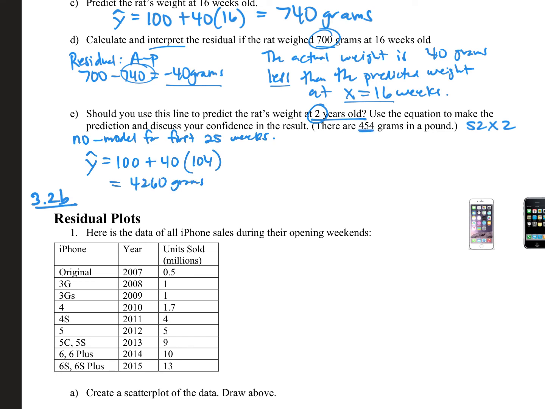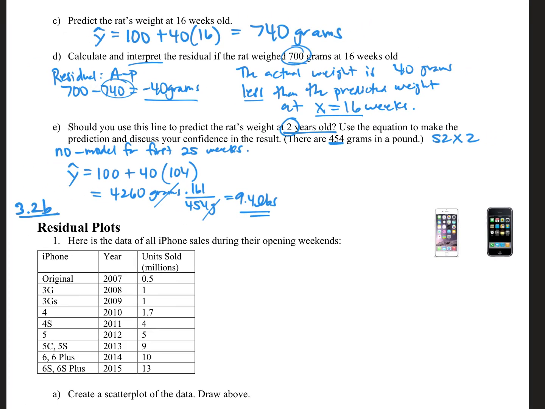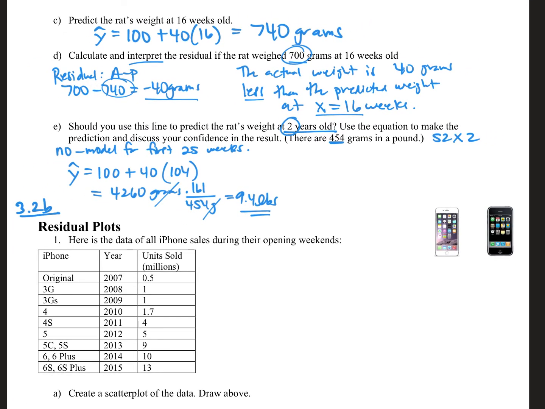Now it says there are 454 grams in a pound, so we could go 1 pound over 454 grams, and that would be that the rat would weigh 9.4 pounds. That's a disgusting rat. That's bigger than some dogs, I think, if you have a little tiny yip dog.